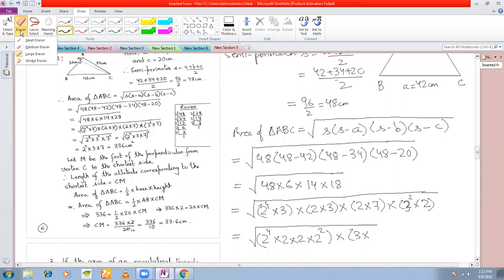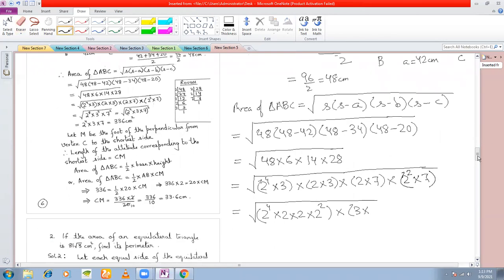Okay, that's my writing mistake. This should not be 18, this should be 28. If it is 28, then if you prime factorize 28, you'll get 2 square into 7. Now this is okay.